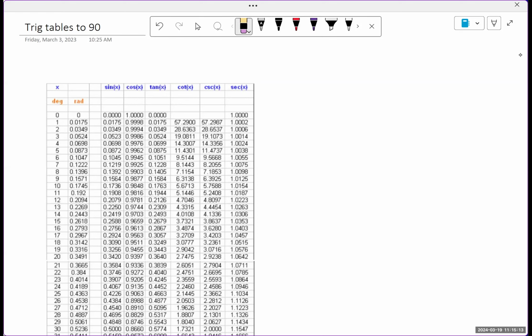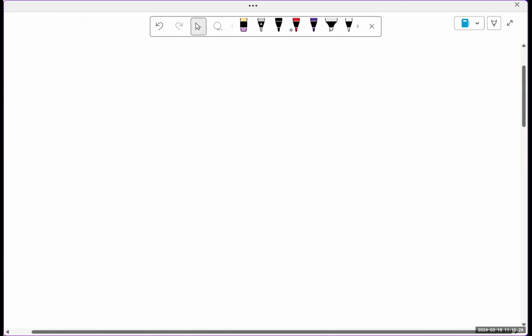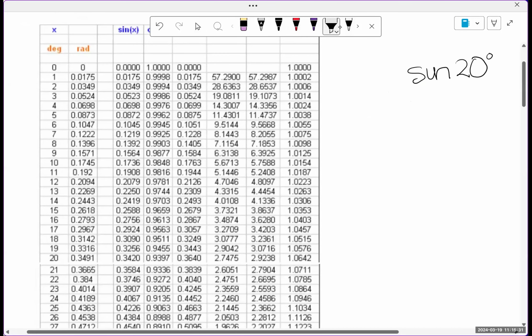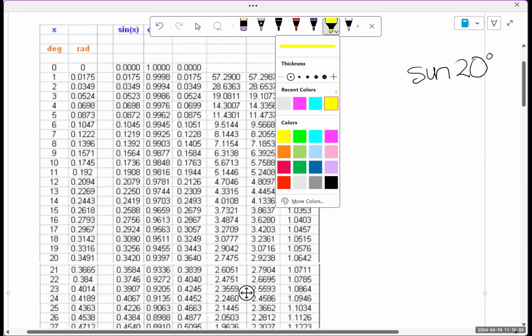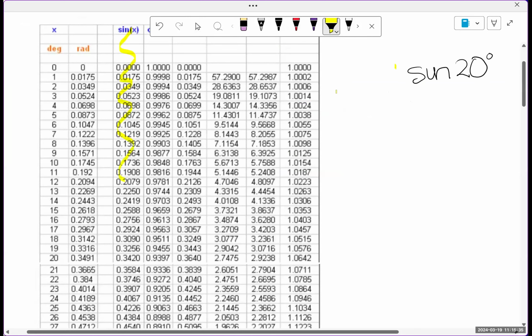Anyway, I need the sine of 20 degrees. It's here somewhere. Sine is right here, 20 degrees is right there.